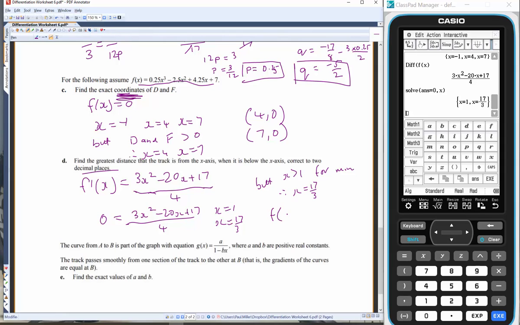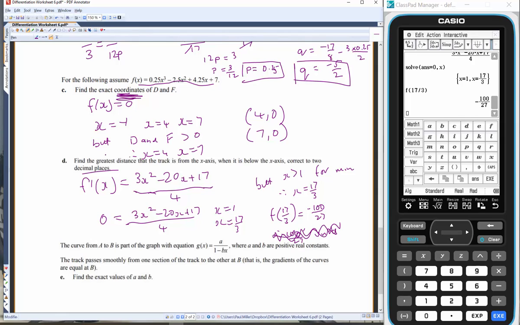Now what we'll do is we'll stick that into the original function. So let's find out how far it is by doing f of 17 on 3. Negative 100 on 27. Therefore, negative 100 on 27 units. Find the greatest distance the track is from the x-axis. I wonder if they'll accept the negative answer. Okay, let's not do that.